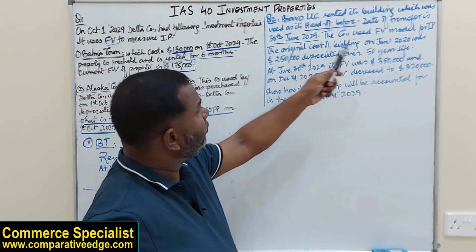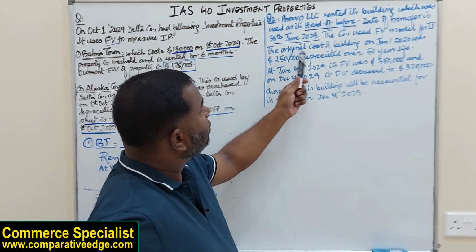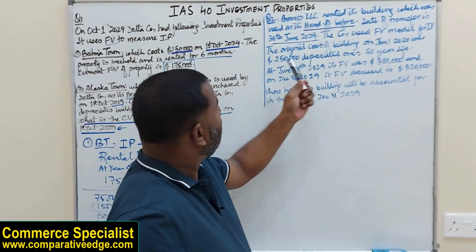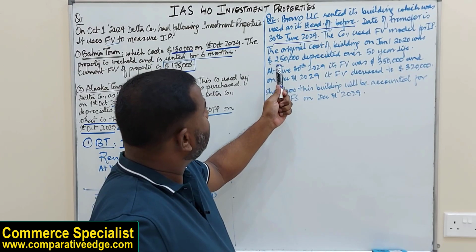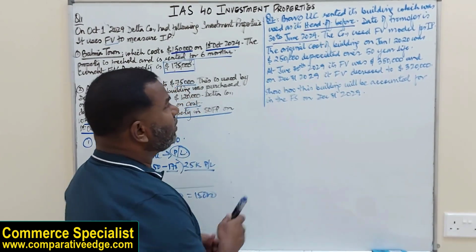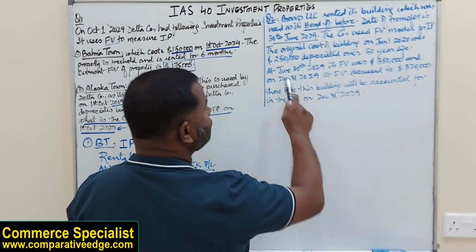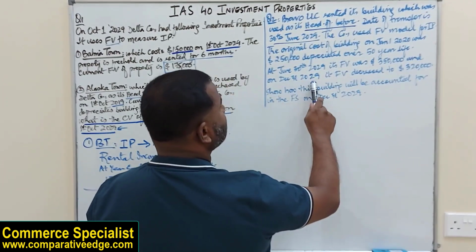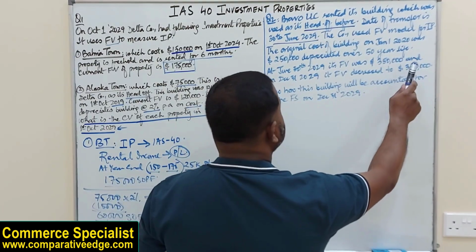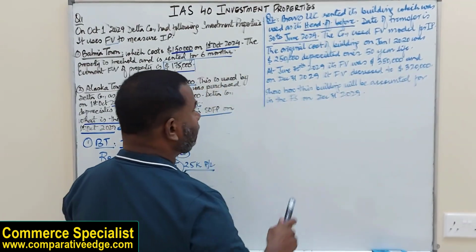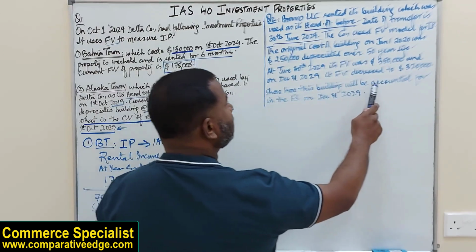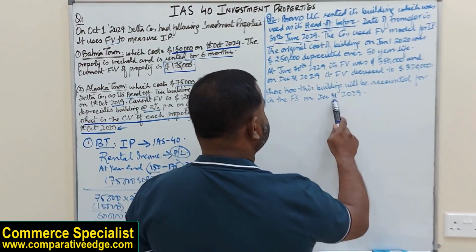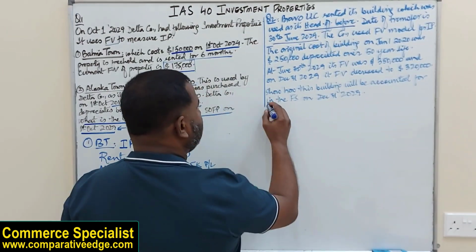The company used fair value model for investment property. Original cost of the building on January 1st 2020 was 250,000, depreciated over a 50-year life. On June 30th 2029, its fair value is 350,000, and on December 31st 2029, its fair value decreased to 320,000. Show how this building will be accounted for in the financial statements on December 31st 2029.